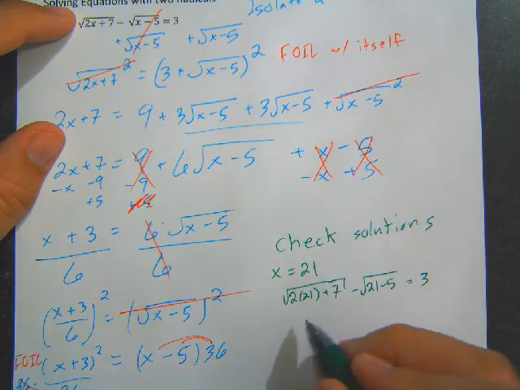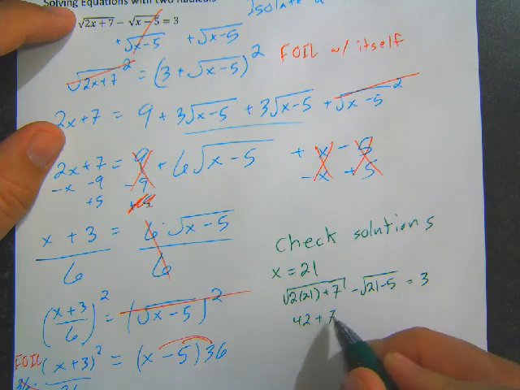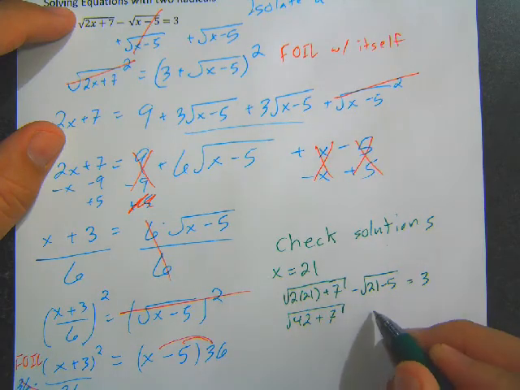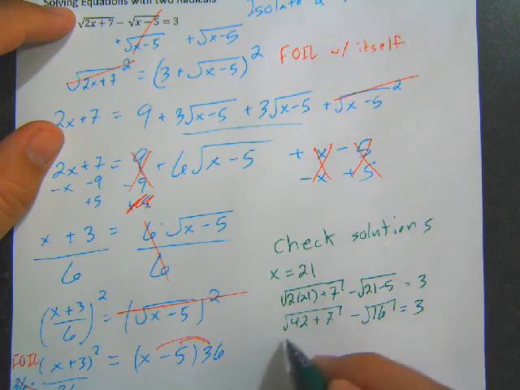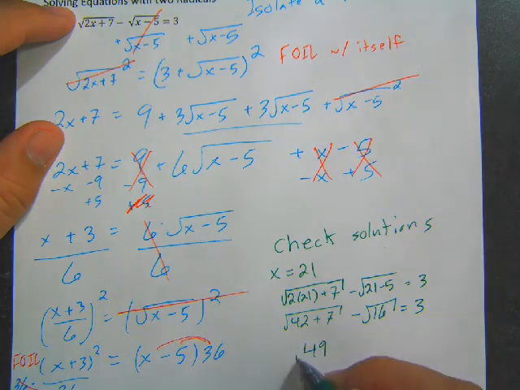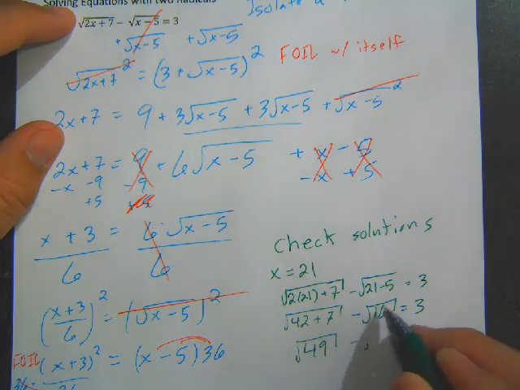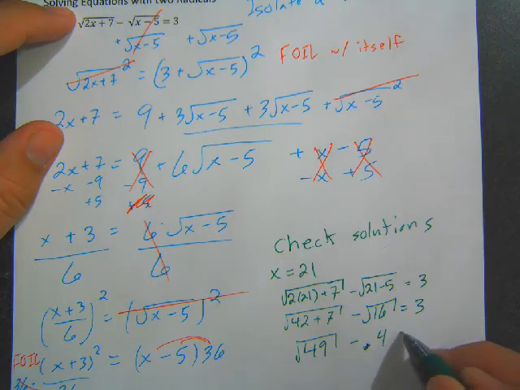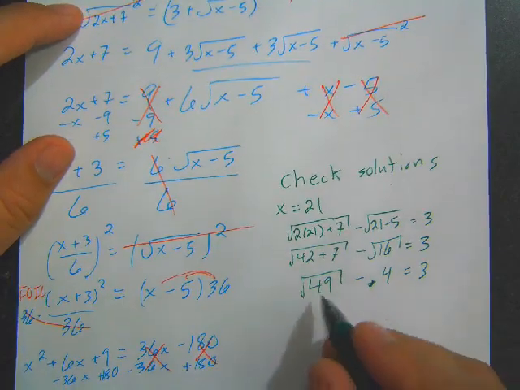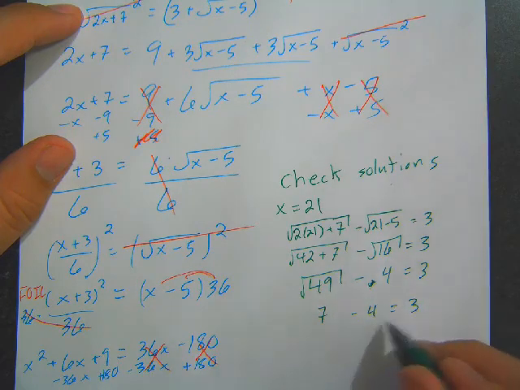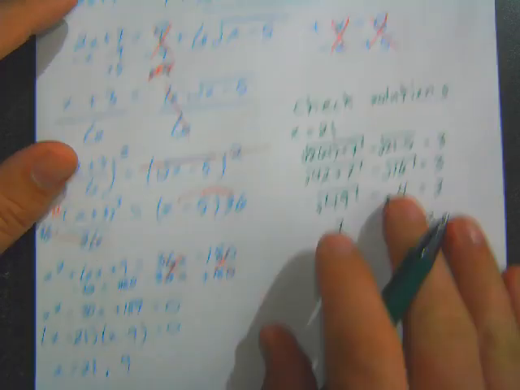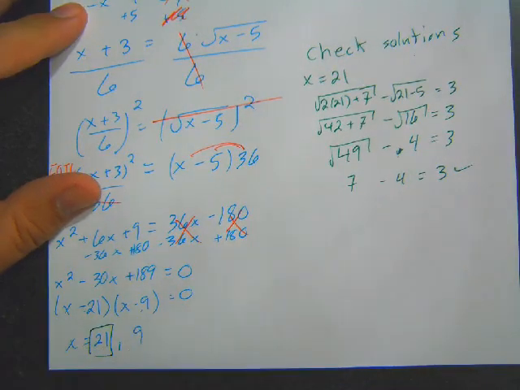So 2 times 21 is 42, so we get 42 plus 7, and 21 minus 5 is 16, so root 16. 42 plus 7 is 49, so root 49. Root 49 is 7, root 16 is 4, and 7 minus 4 does work and give you 3. So 21 is a valid solution. So far, so good. 21 works.